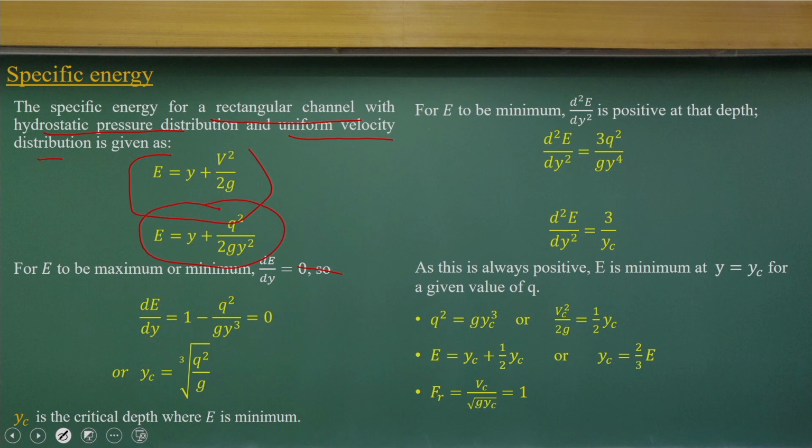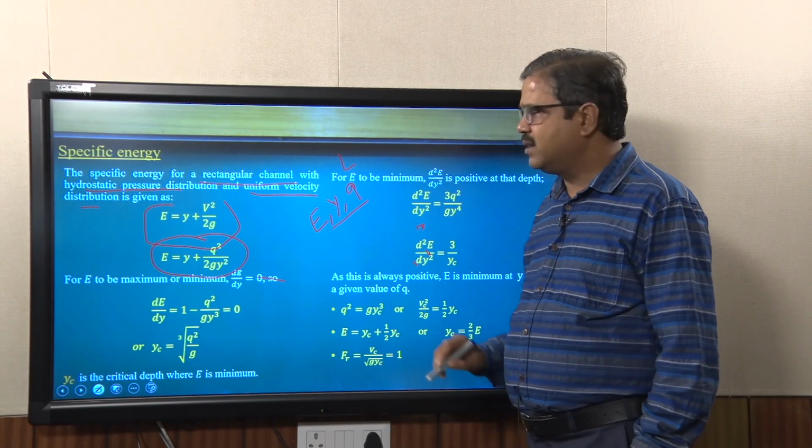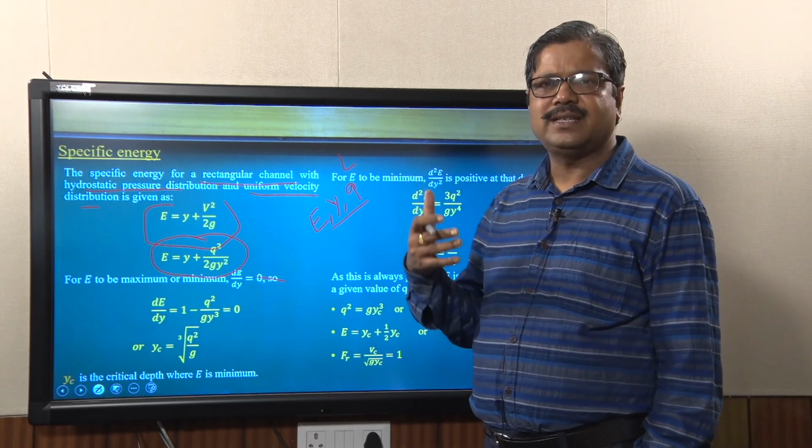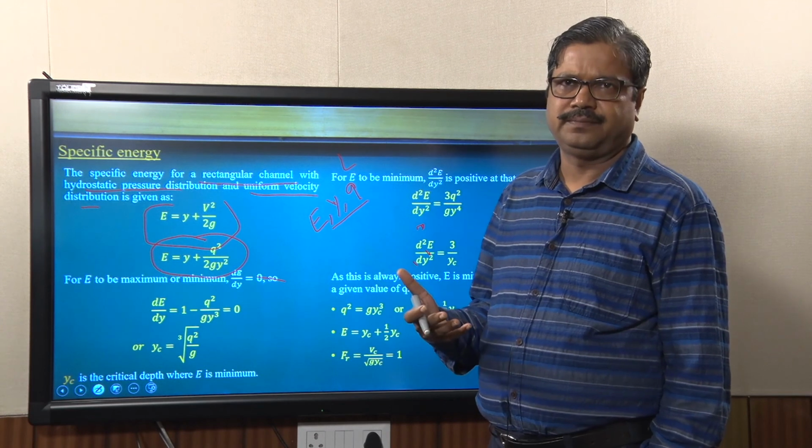As I said earlier, in a flow we have three cases. One is specific energy, second is the flow depth, and Q is the flow discharge per unit width.